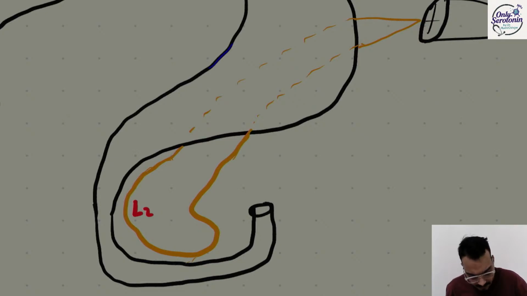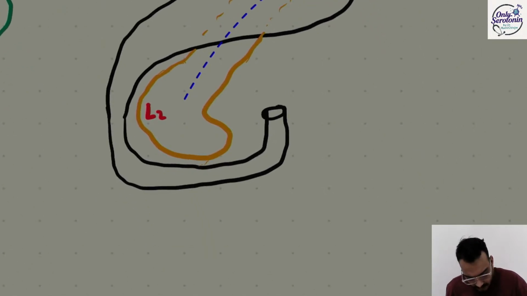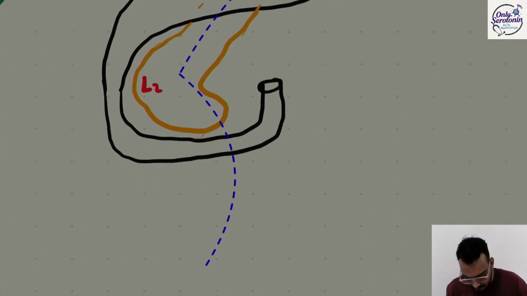The splenic vein is going to come, and the superior mesenteric vein is also going to come, and they both will attach with each other.